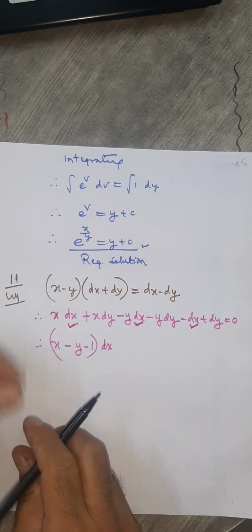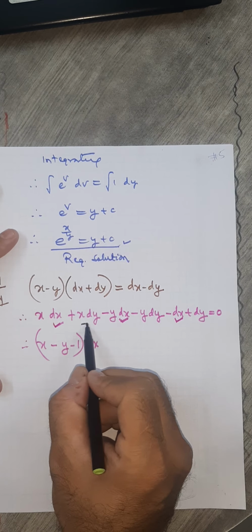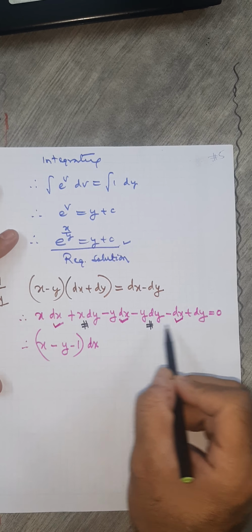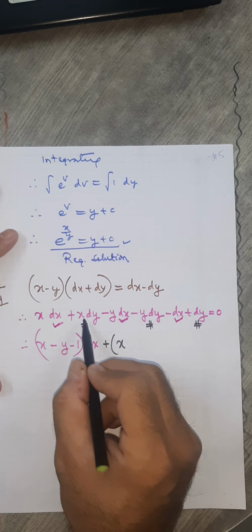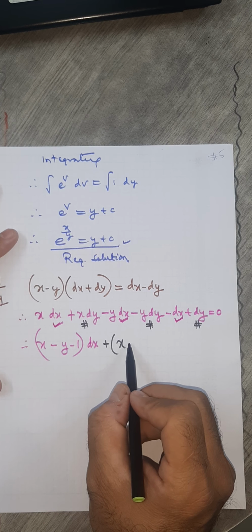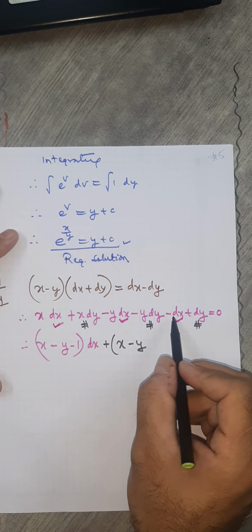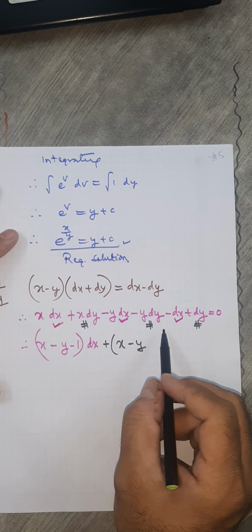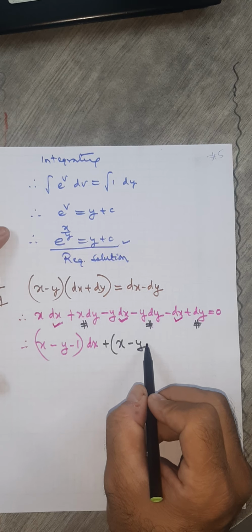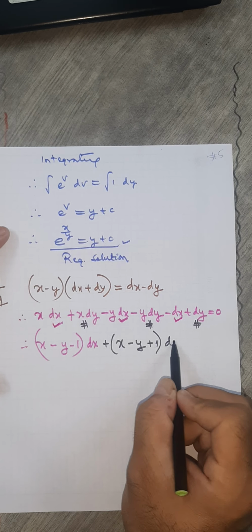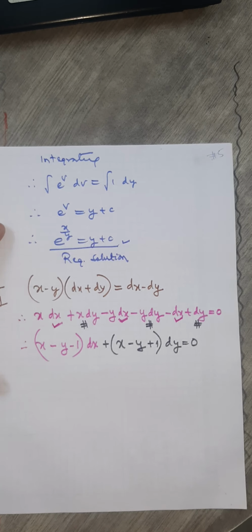And from this one and this one I'll take dy common. So this is x, here minus y, and here you have plus 1 into dy equals 0.